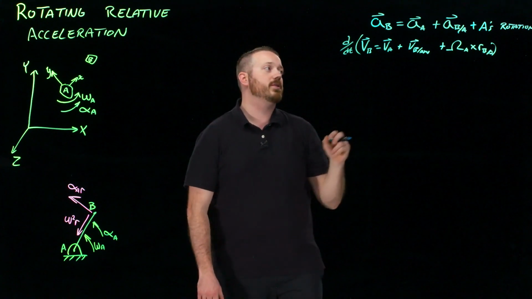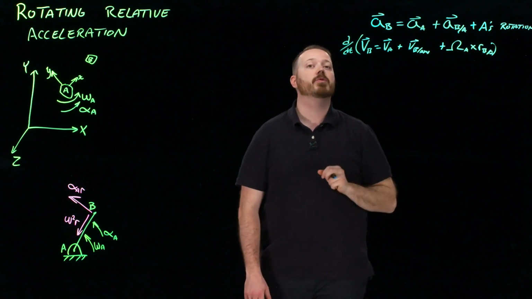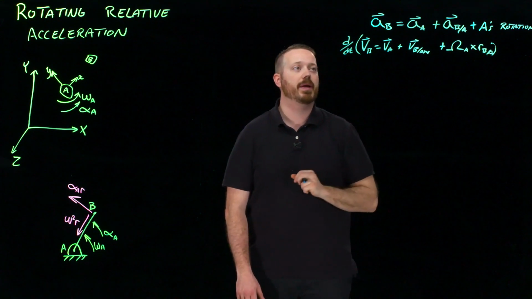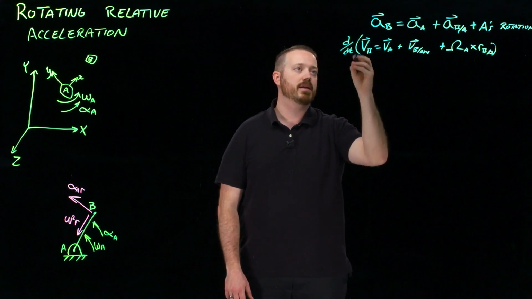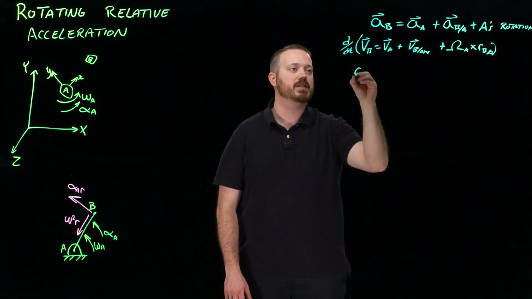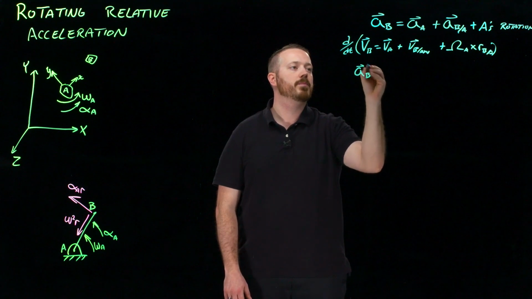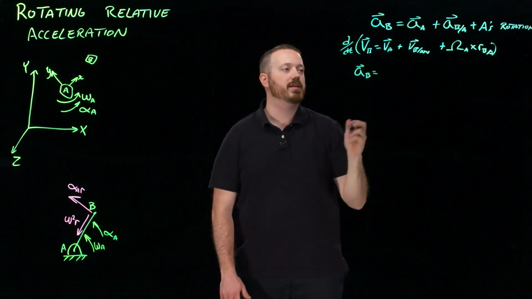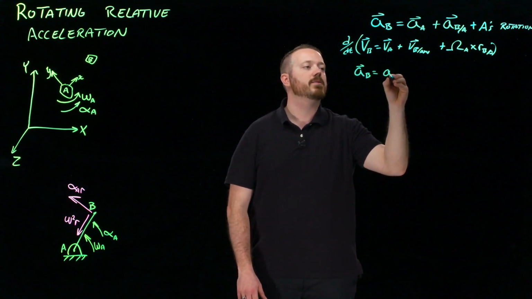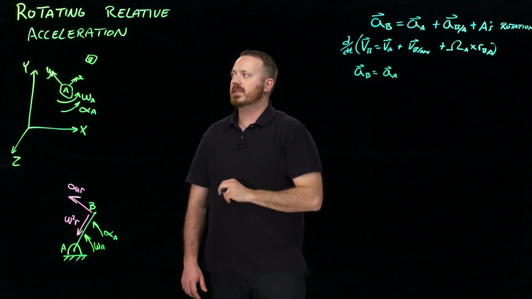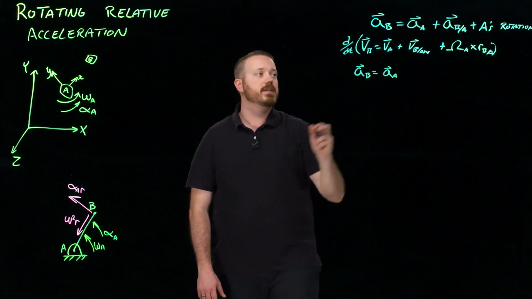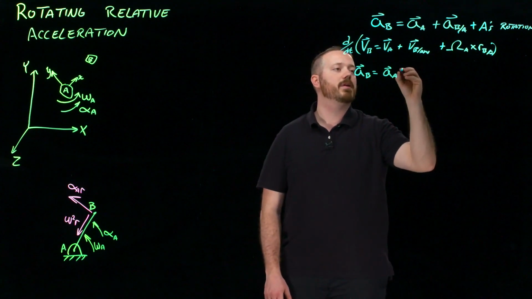Notice that there's going to be some chain rule going on, because we've got a multiplication here. The derivative of the velocity of B is just the acceleration of B, which has to equal the derivative of the velocity of A, which is the acceleration of A. That part doesn't change. But let's deal with this part first.